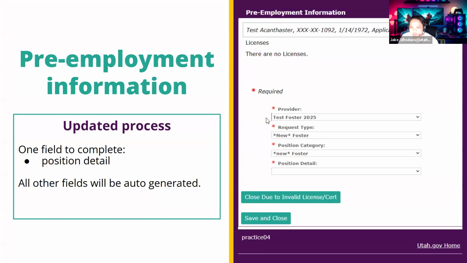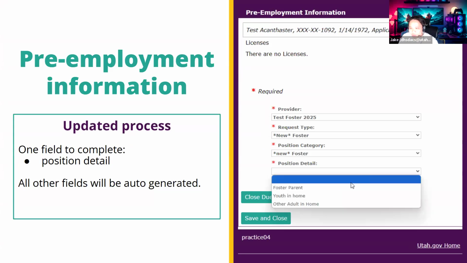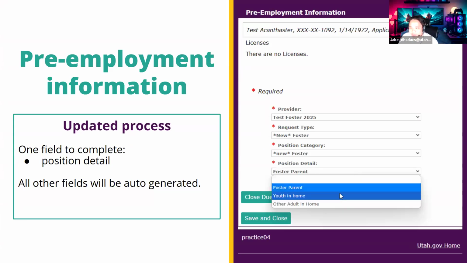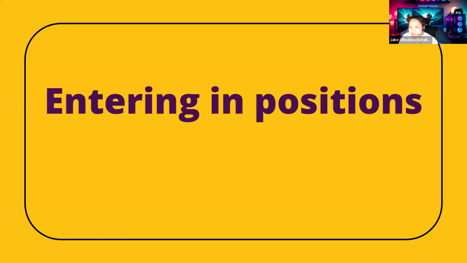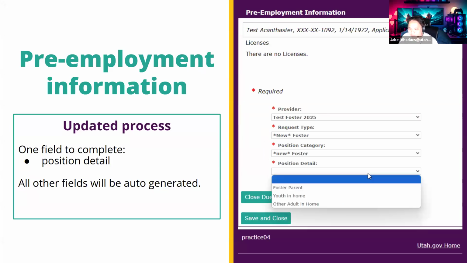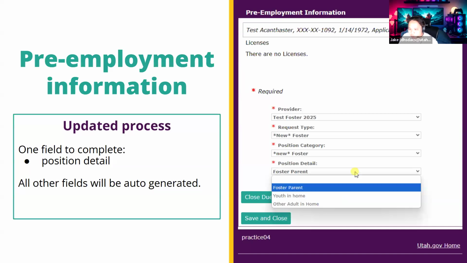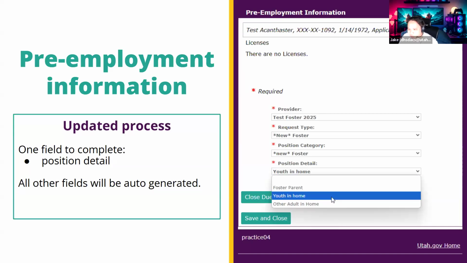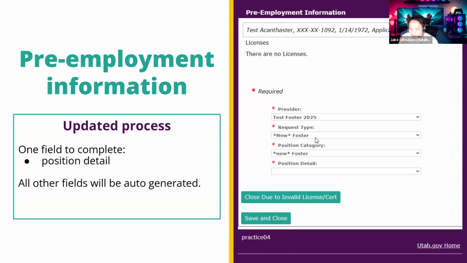As soon as you click next, you should see this pre-employment information page. With the current process, as I mentioned earlier, the only thing you will be changing on this page is the position detail. We are configuring your program to only show specific drop downs, so you don't get confused on which one to choose.